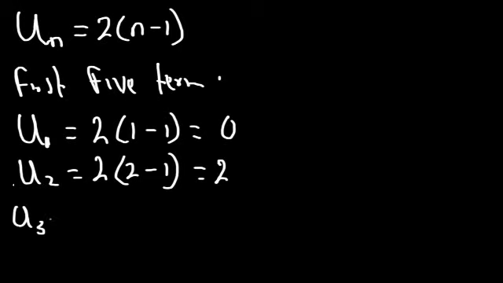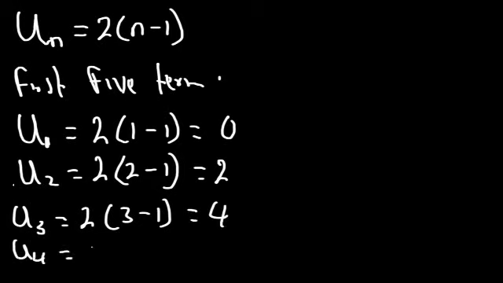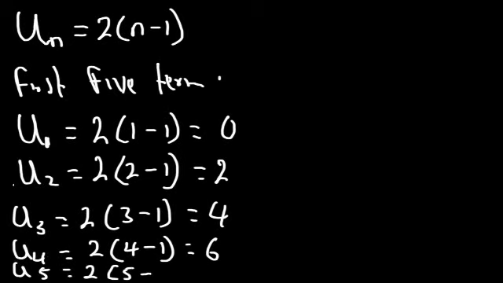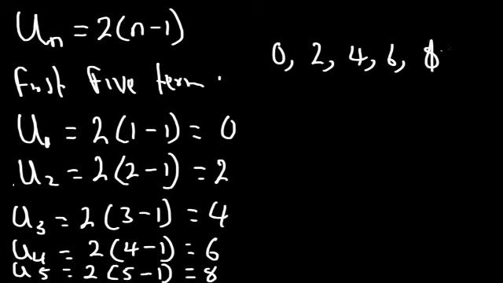Then u sub 3 will be equal to 2 multiplied by 3 minus 1, which gives 4, and u of 4 should be equal to 2 multiplied by 4 minus 1, which is 6, and u of 5 should be equal to 2 multiplied by 5 minus 1, and at the end we get 8. So therefore the sequence will be 0, 2, 4, 6, and 8.